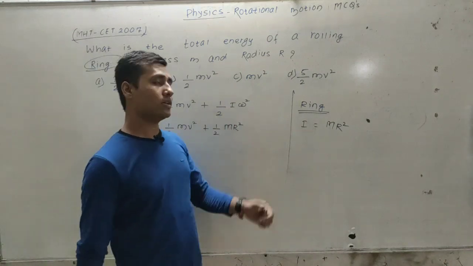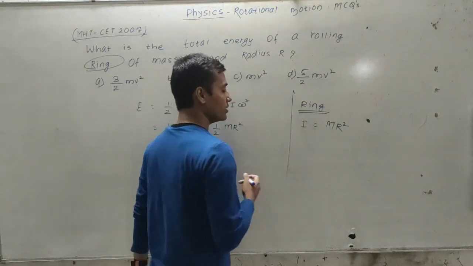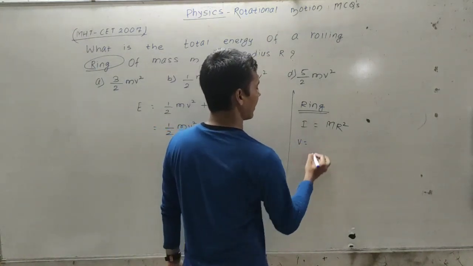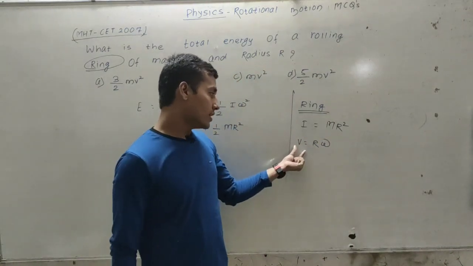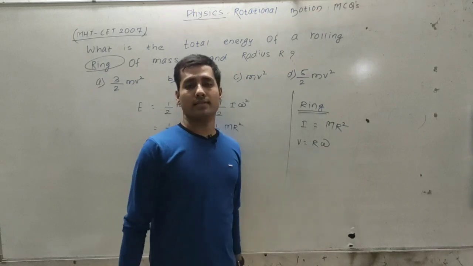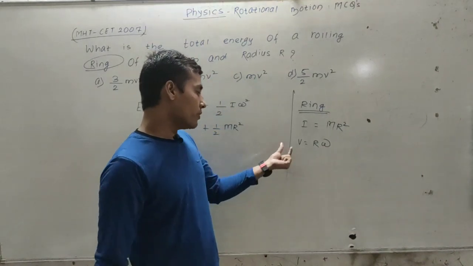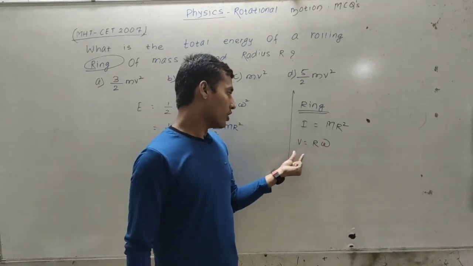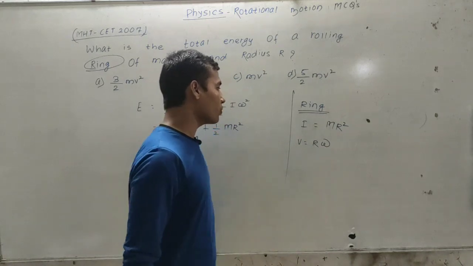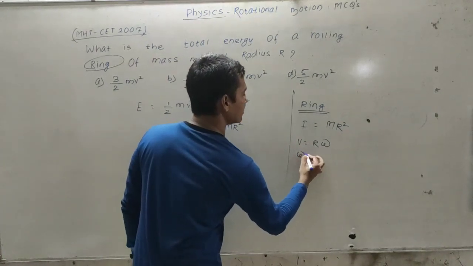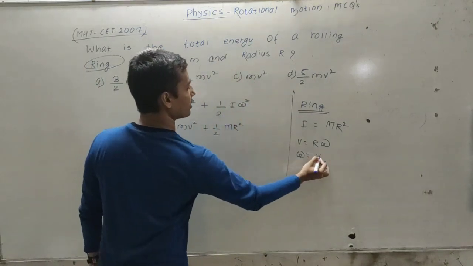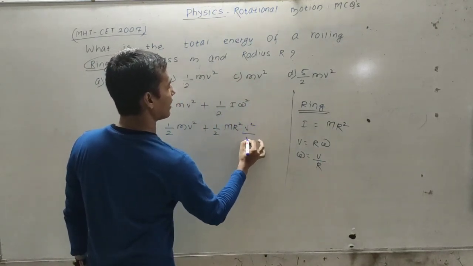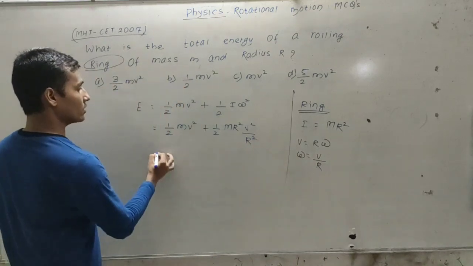Here omega is the angular velocity. The relation between linear velocity and angular velocity is v is equal to r omega. Therefore omega is equal to v by r. So therefore omega square is equal to v square by r square.